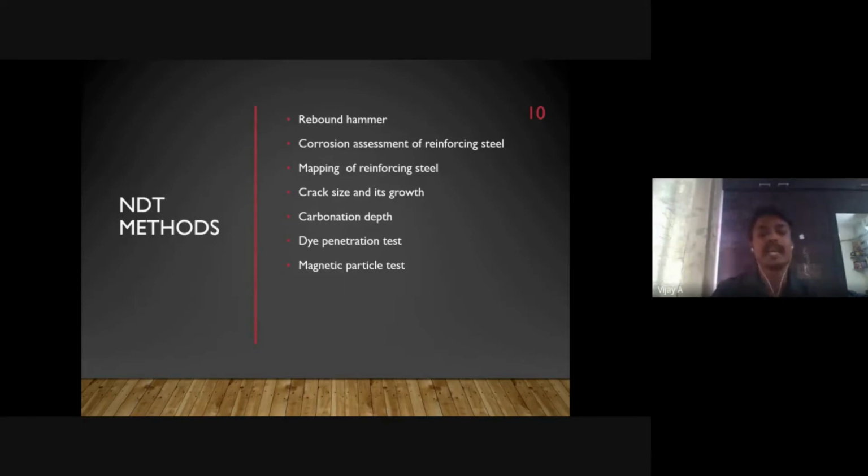You go to a site and make a visual inspection. Visual non-destructive technique is the act of collecting visual data on the status of a material or structure. Visual testing is the most basic way to examine a material or object without altering it in any way.